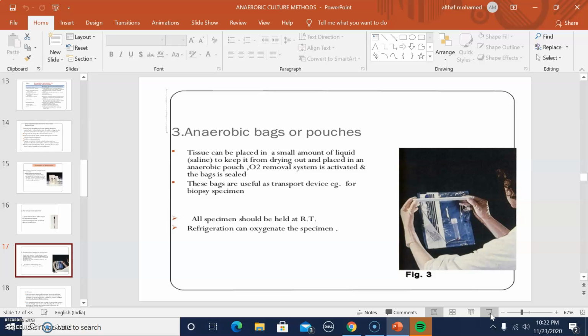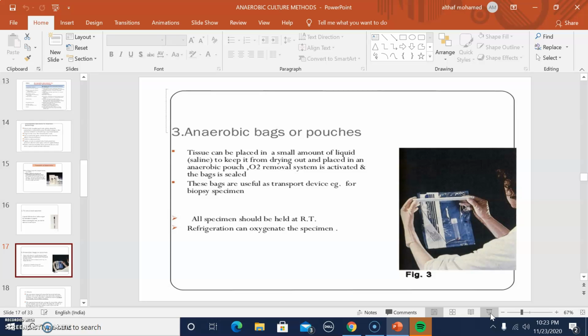Next are anaerobic bags or pouches. Tissues can be placed in a small amount of liquid saline to keep them from drying out and placed in an anaerobic pouch. So, these bags are useful as transport devices, for example for biopsy specimens.